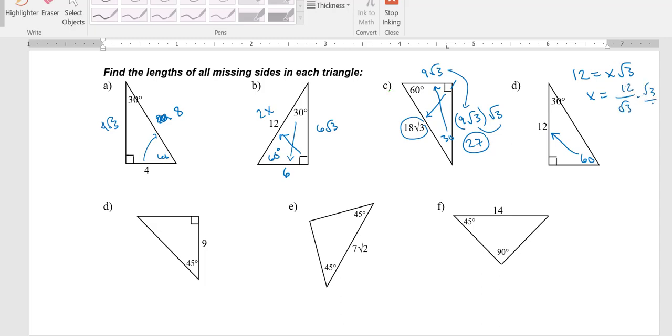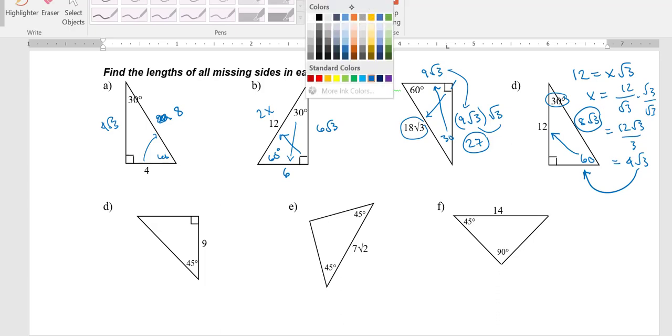Rationalize the denominator. So I'm going to get 12 root 3 over 3, or 4 root 3 is my x. That's going to be the side that's opposite of the 30 degree angle. And now the hypotenuse, we know, is just double that, so it's just going to be 8 times the square root of 3.